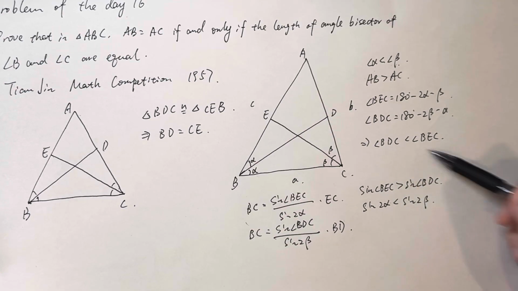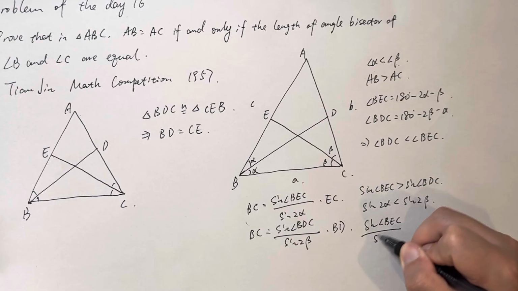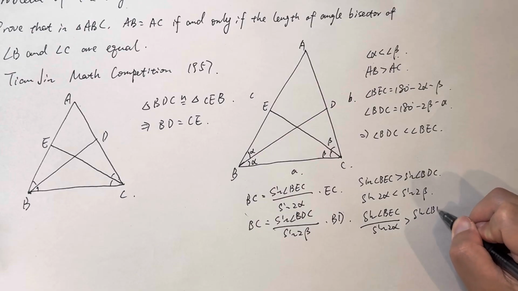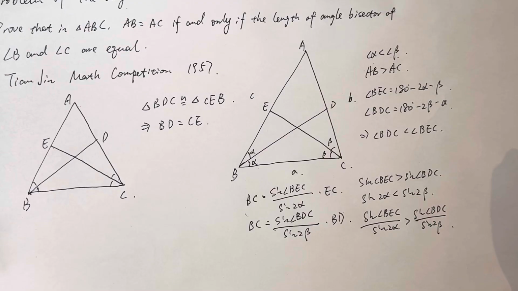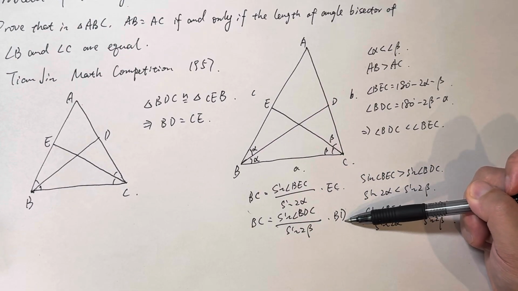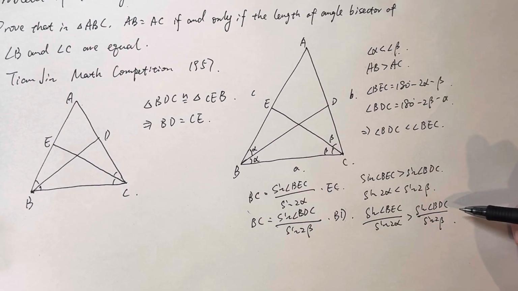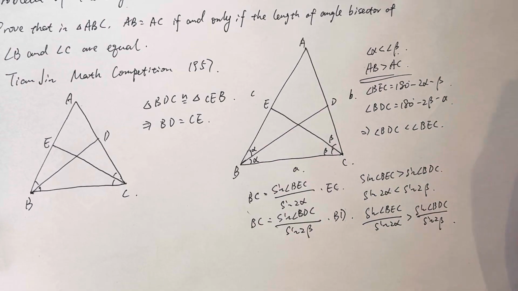This means that sine BEC over sine 2 alpha would be larger than sine BDC over sine 2 beta, and we also know that EC equals BD. That means BC is larger than BC, and that's impossible, which means the assumption is incorrect. So AB equals AC.